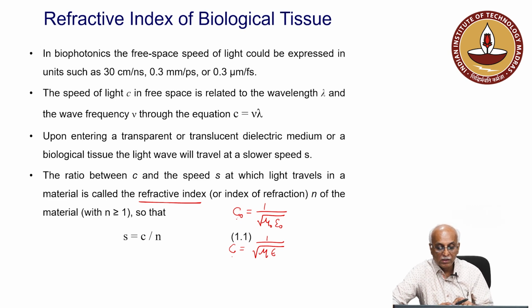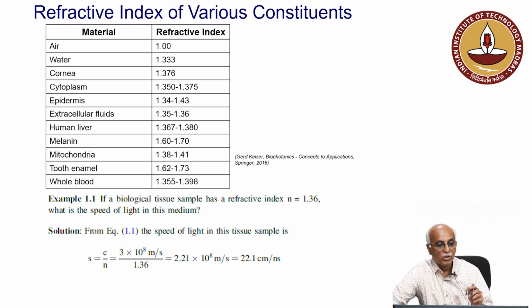And this refractive index, of course, depends upon the material characteristics of the medium. So different media have different refractive indices depending upon the material characteristics and constituents. So air is 1, water is 1.33, and if we consider, let's say, tooth enamel, it is 1.62.